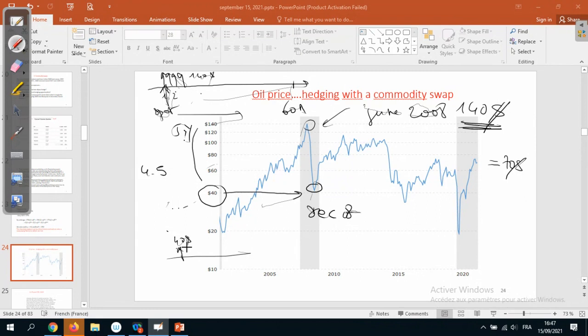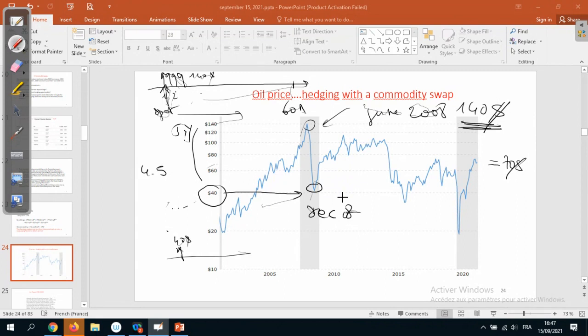That's really not comfortable for the French airline company. And some competitors did not make swap. So they could have a commercial advantage by lowering prices, for instance, because they paid a lower price for oil, and Air France paid every time 140.